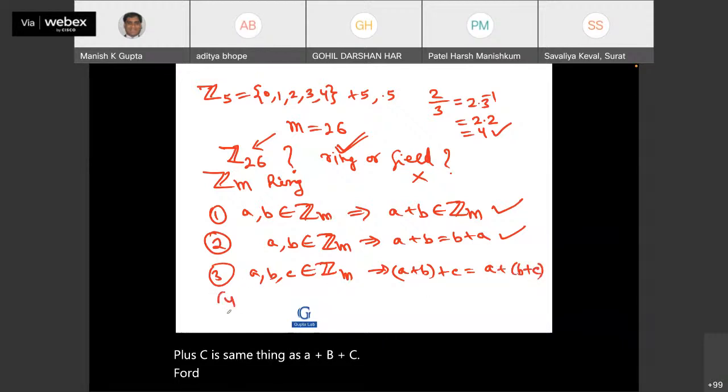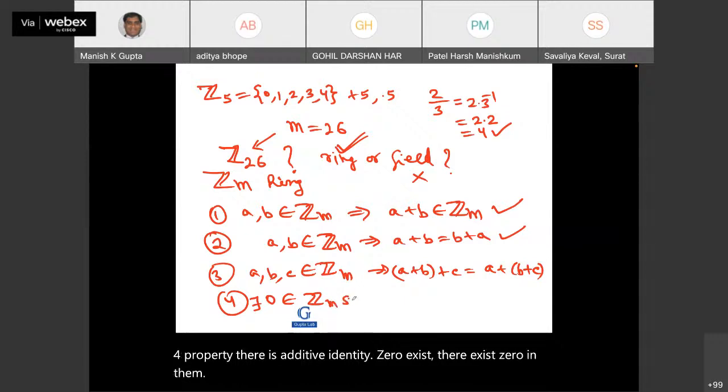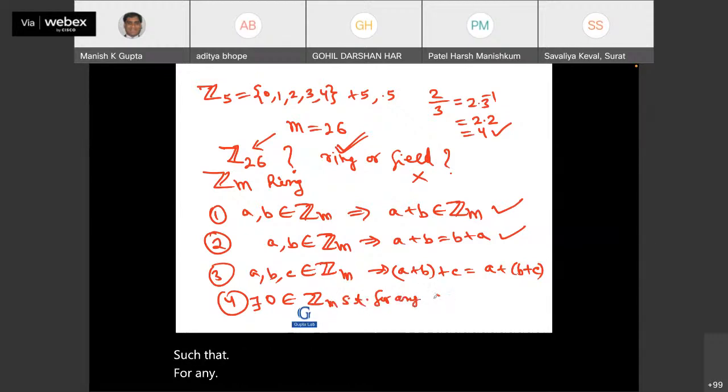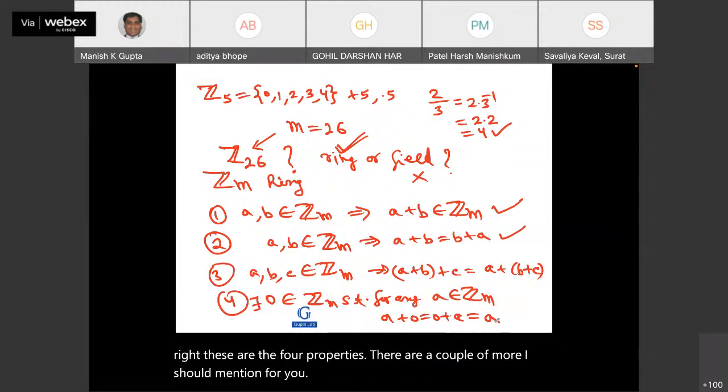Fourth property, there is an additive identity. Zero exists: there exists zero in Zm, such that for any a in Zm, we have a plus 0 is equal to 0 plus a is equal to a. These are the first four properties. There are a couple more I should mention.